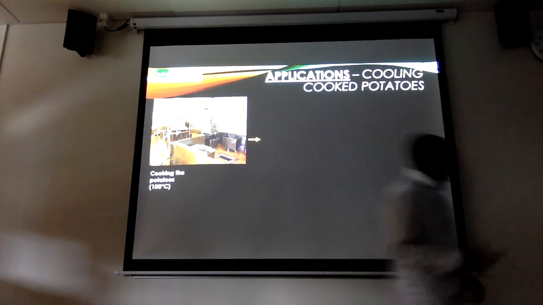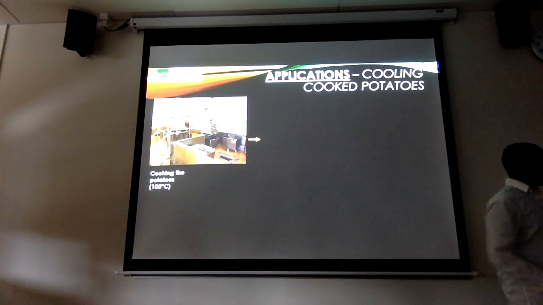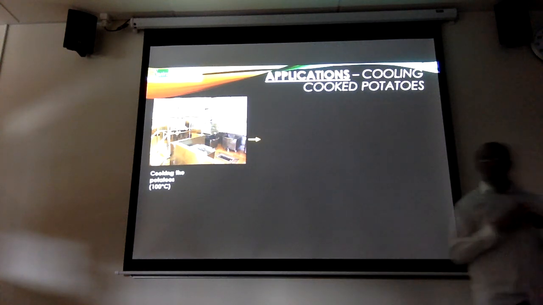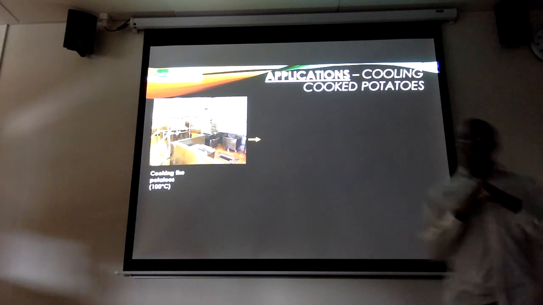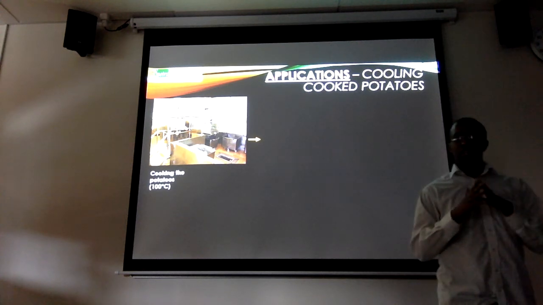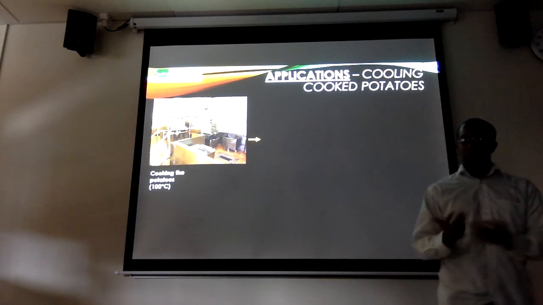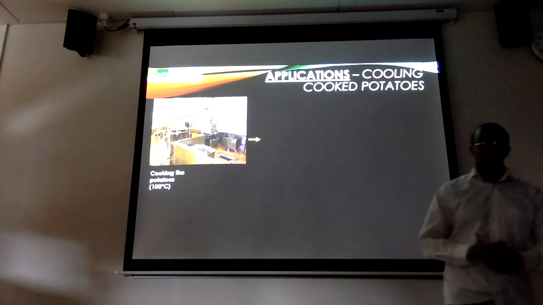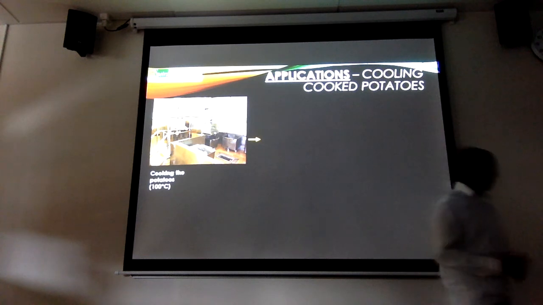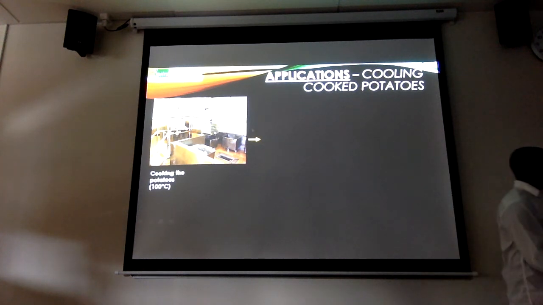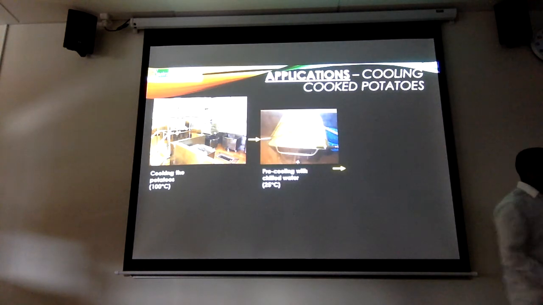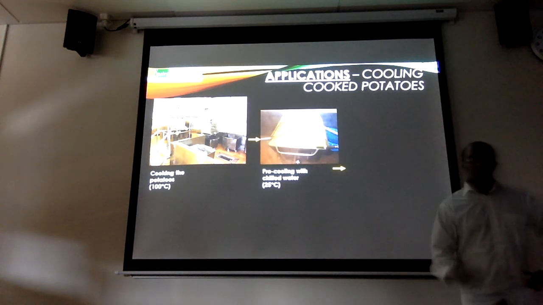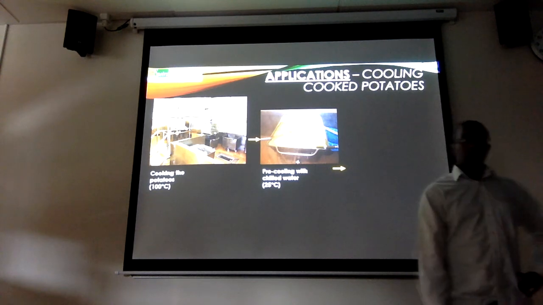So as Brother Rashad said, I work for this company called Space Foods, and one of our products is potato salad, and of course one of the main ingredients is potatoes itself. So this is the cooling process. It's cooked in a blender, which is here, at about 100 degrees. It's then immersed in chilled water, which cools it down to about 25 degrees.